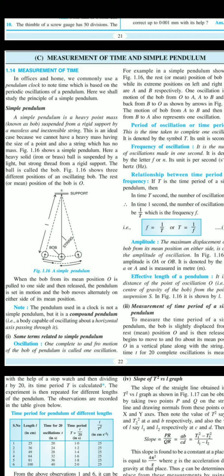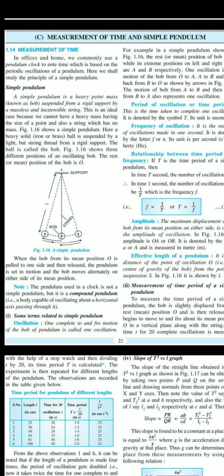So these are ideal things. No string can be massless and inextensible. And the other thing, we cannot have a point mass. It is very difficult to have it. So what do we do? We take a spherical mass, a heavy sphere, so that all the mass is concentrated at the center of it.